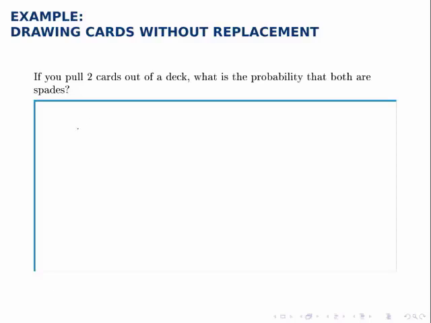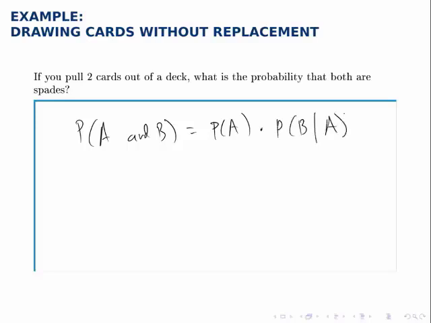When the events are not independent, the probability of 2 things happening together is the probability of the first thing happening times the probability that the second thing happens given that the first one already occurred. Because if the first one didn't occur, it doesn't matter what happens the second time, the whole scenario has failed. But if the first card was a spade in this scenario, then we can continue forward and calculate the probability that the second card is also a spade and multiply those together.